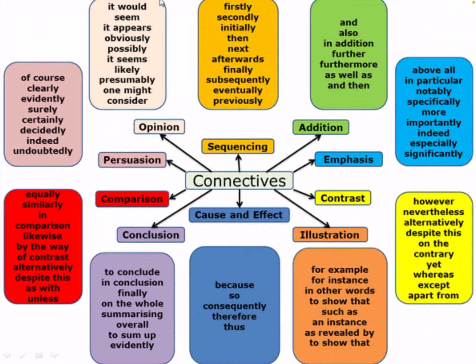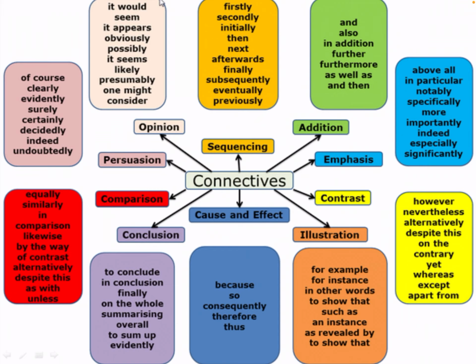Now, in the conclusion part of your writing, you can say to conclude. That means I want to give you the conclusion of my writing. You can say in conclusion, and then continue on with your judgment or decision for your writing.